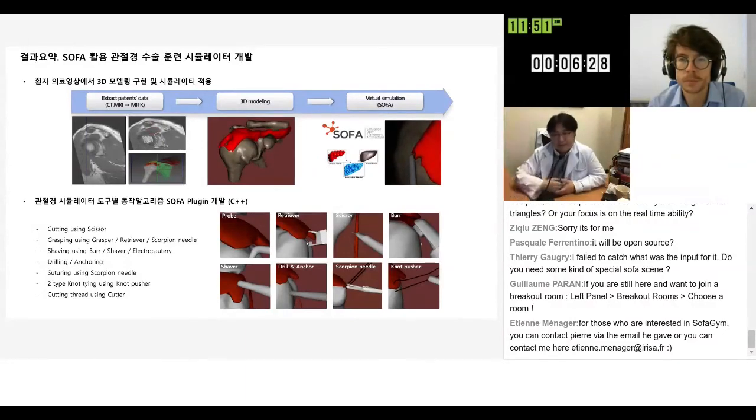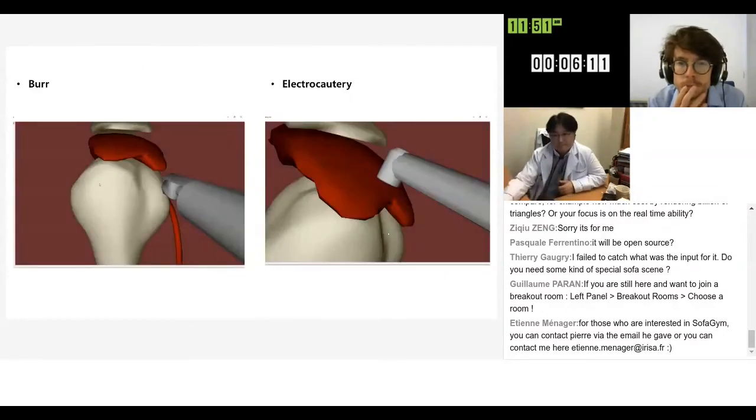For this simulation, in addition to the default functions in the SOFA framework, we needed to code short parts for the specific task implementation. I'd like to show you a few examples.